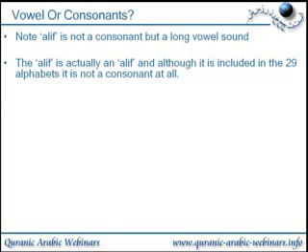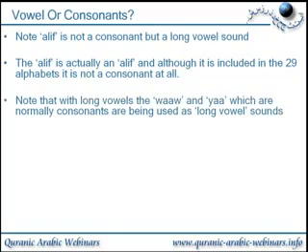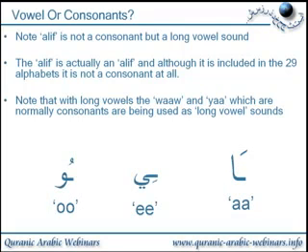The consonant that you see sometimes drawn like an alif is actually the hamza, and I'm going to explain this in a minute. Note that with long vowels, the waaw and the ya, which are normally consonants, are being used as long vowel sounds. So we know so far that waaw and ya are in the alphabet, and they would normally be classed as consonants. So let me explain.